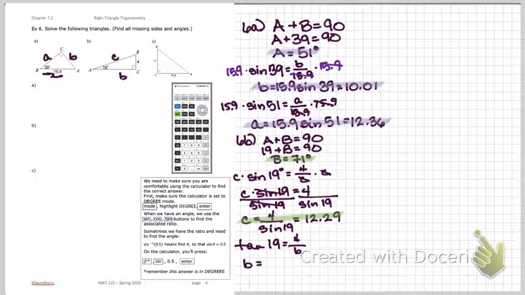That means b equals, multiply both sides by b, divide by tangent of 19. b equals 4 over the tangent of 19. And when we round that to two places, we get 11.62. There's b, which my highlighter's a little too dark. We got a in the purple.